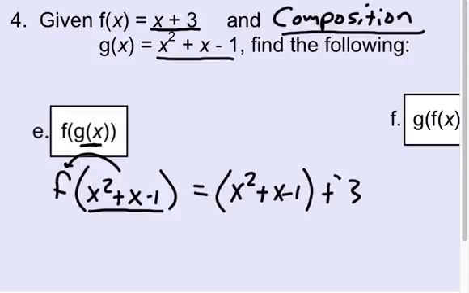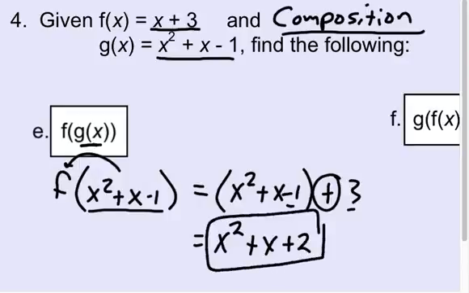Basically, it's addition, so we're going to drop parentheses and combine like terms. So this is x squared plus x. Negative 1 and 3 add up to 2. There's your answer. You're plugging one function, g of x right here, into the f of x for x in the other function. So one function into another one. Once again, it's called composition of functions.